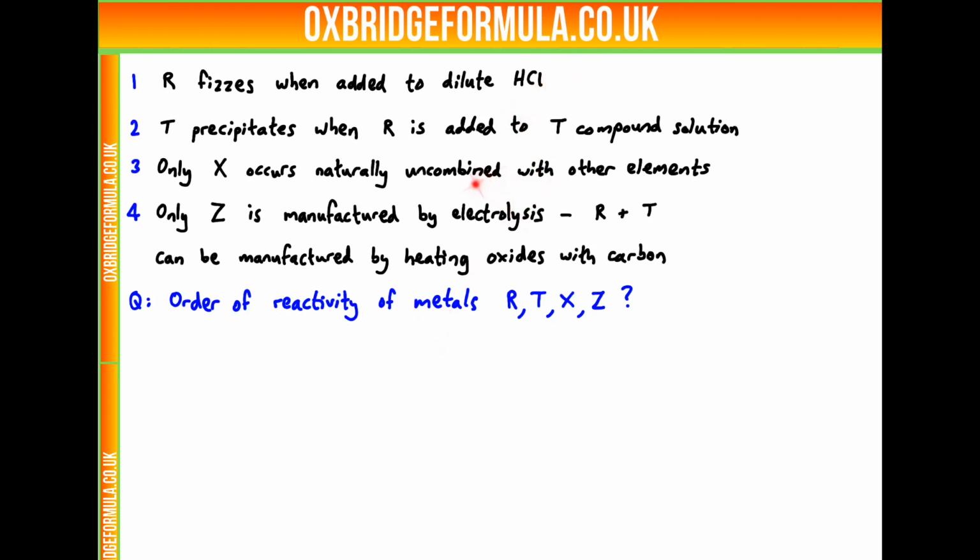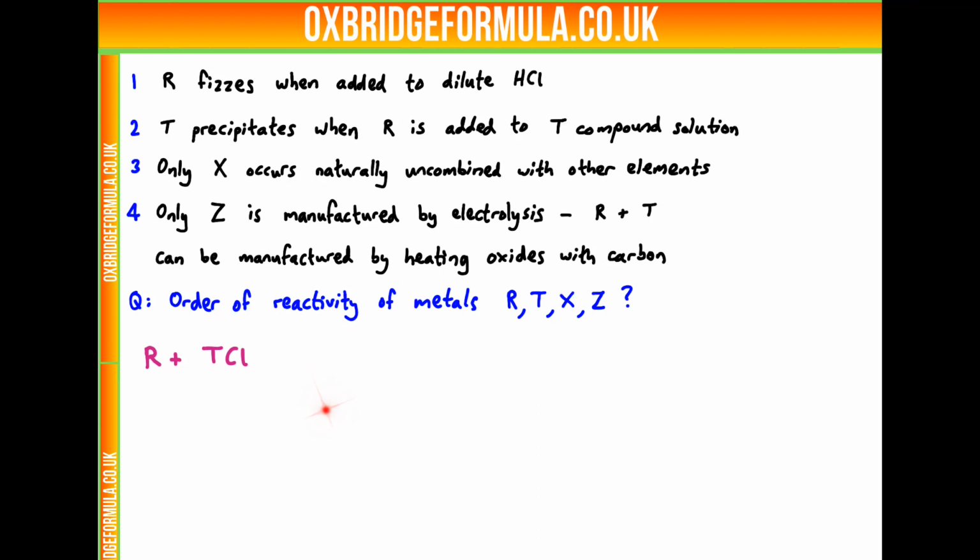So moving down to our second statement, which tells us that T precipitates out when R is added to a T compound solution. Why don't we write an example equation of that happening? If we have a T compound such as T chloride, and we're adding R metal to the solution, what's going to happen?